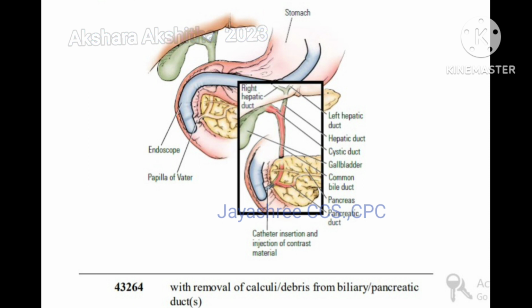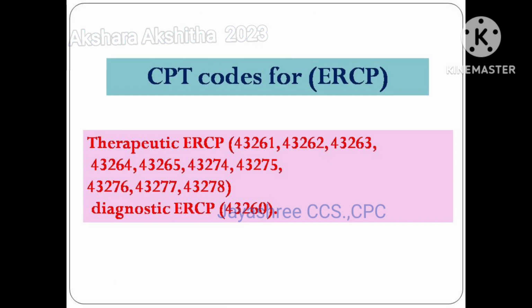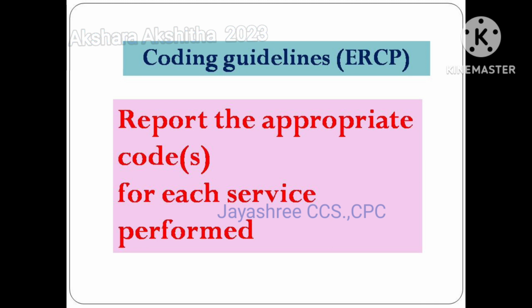Then the code range for therapeutic ERCP is 43261, 62, 63, 64, 65, 74, 75, 76, 77, 78. These are for therapeutic ERCP. For diagnostic ERCP, the code is 43260. The first guideline is, whatever therapeutic procedures are performed, code all procedures accordingly.